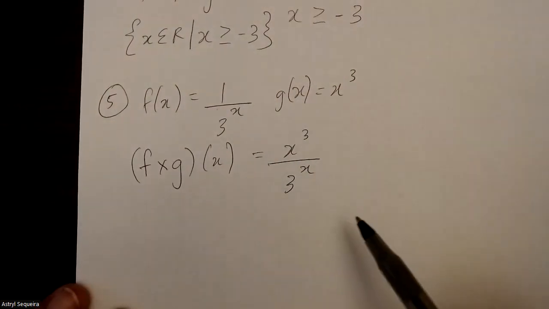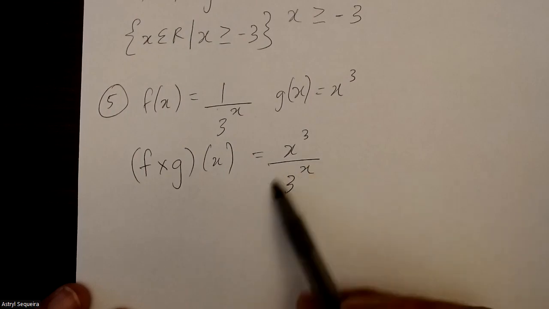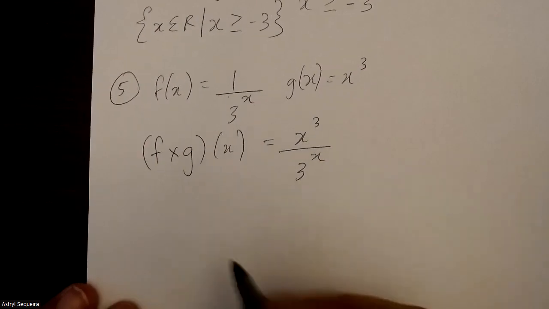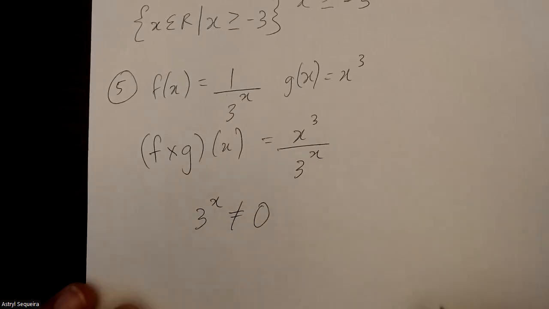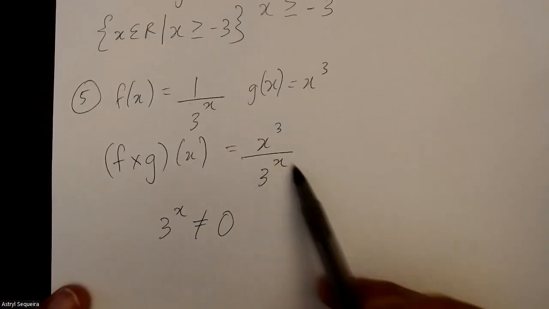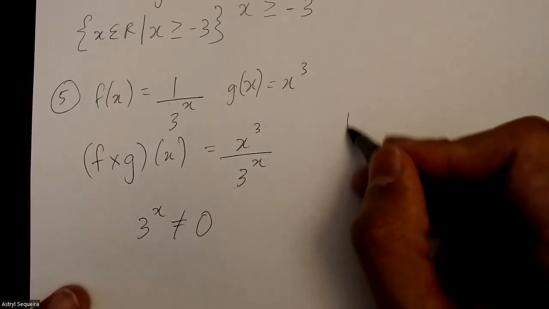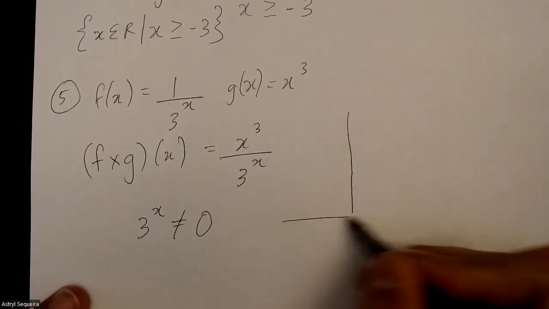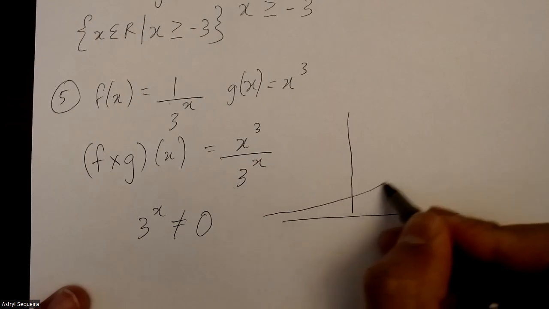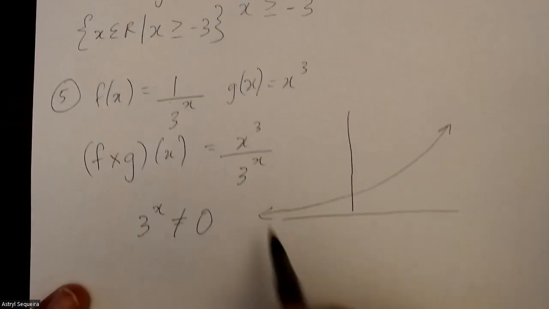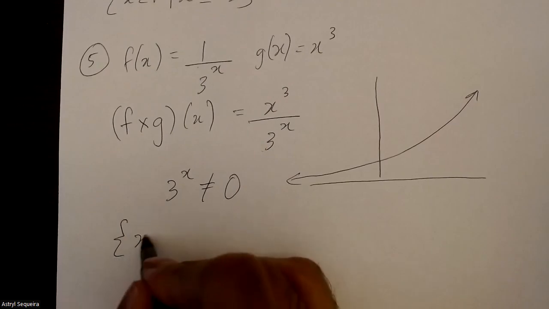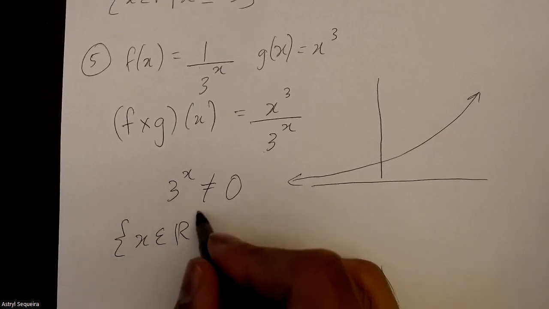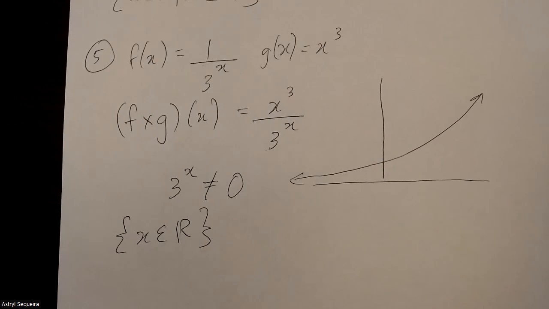Now there's no square roots here, but we do have to worry about the denominator, because the denominator cannot equal 0. But if we think about an exponential function, it never ever hits 0, which means that the denominator will never equal 0, which means that the domain is just all real numbers, because there are no restrictions on this question.